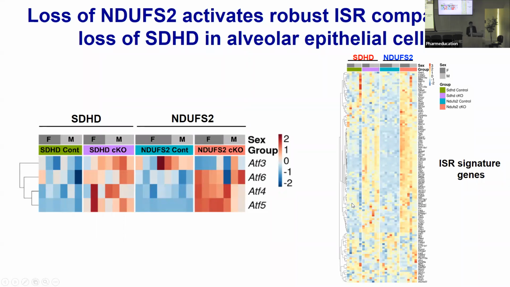So, again, I don't want to say that the SDH knockouts look like the wild types. It's on a spectrum. The wild types are the healthy controls. The SDH do have an ISR, but it's not to a level that is pathogenic. And the NDUFS2 have a very robust ISR signature. And as you know, if you give ISRIB to the NDUFS2, we could start to rescue these mice.